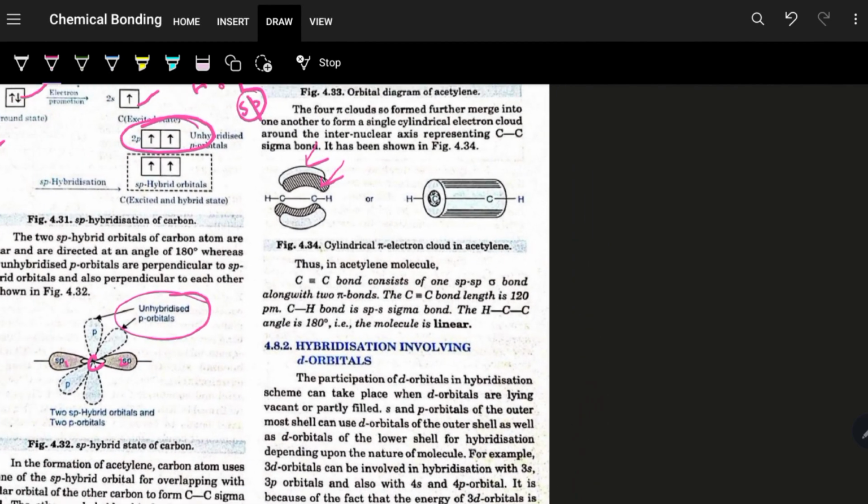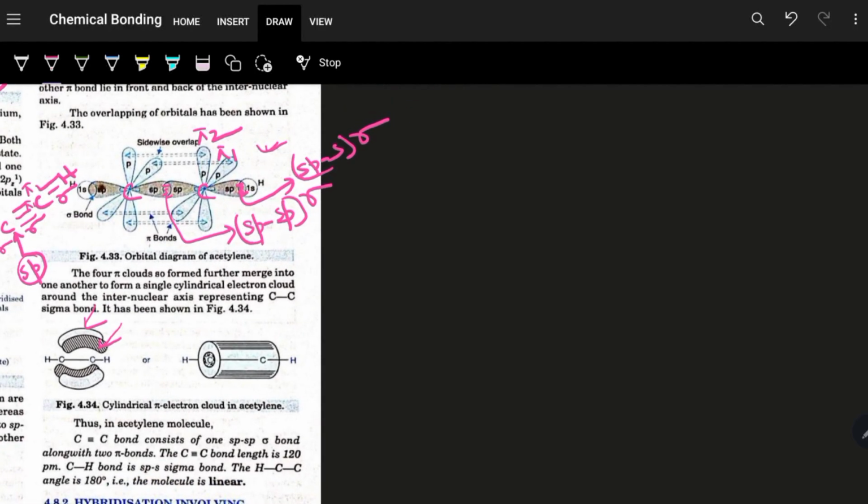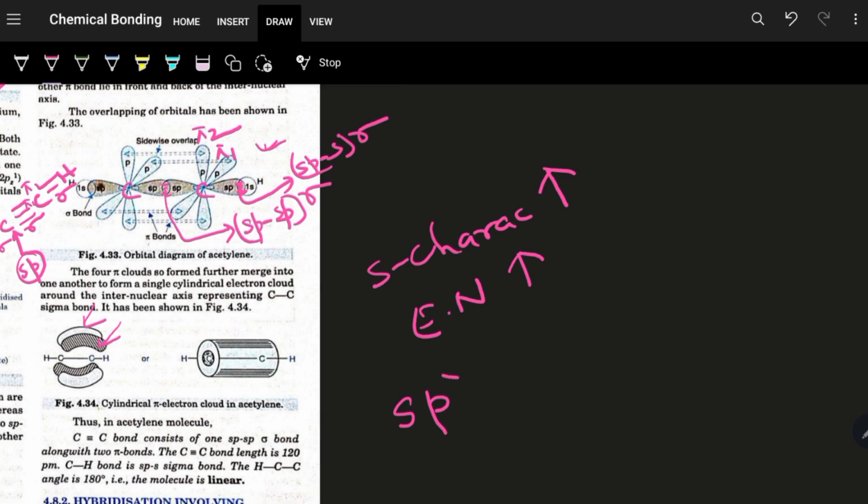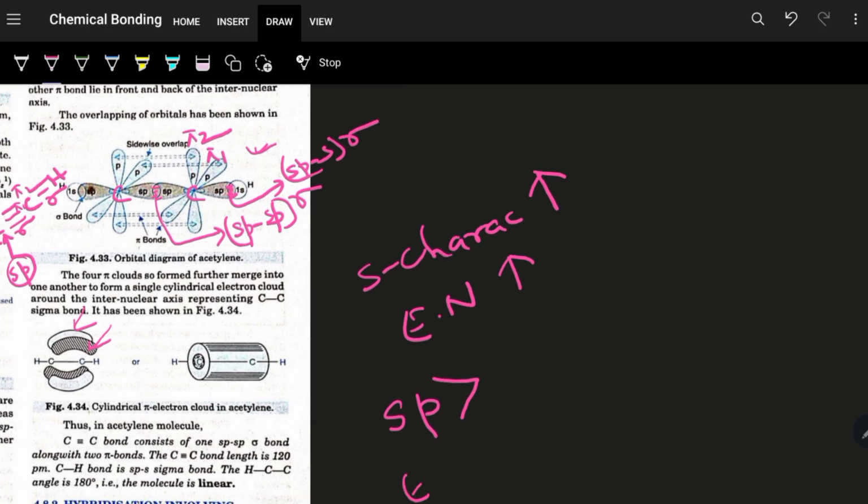One thing keep in mind: the electronegativity of an atom depends on the state of hybridization, because if the s character is greater, then the electronegativity of the atom is also greater. So if a carbon atom is sp hybridized, then the electronegativity of that hybrid atom will be greater than sp2, than sp3.